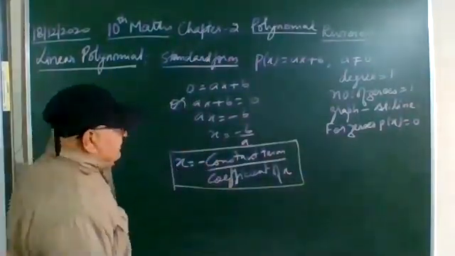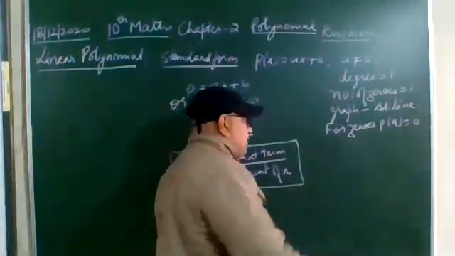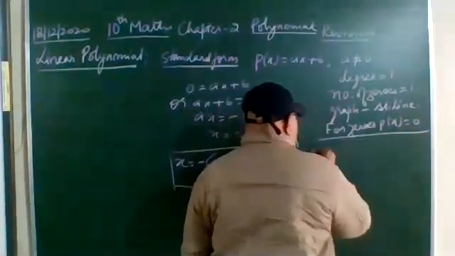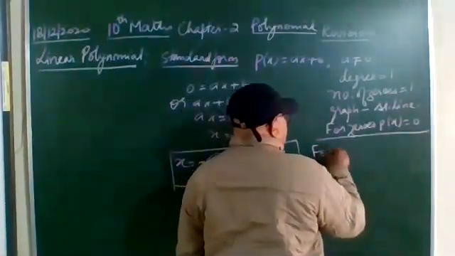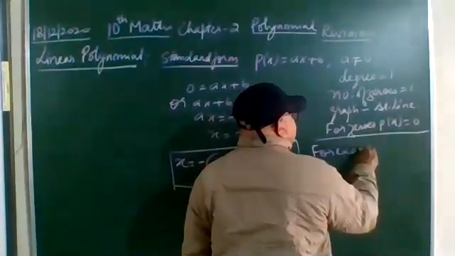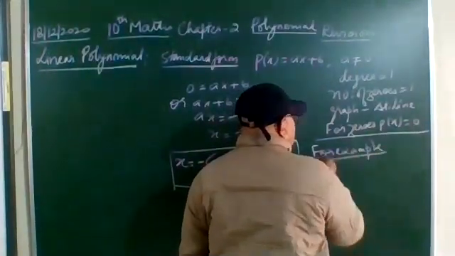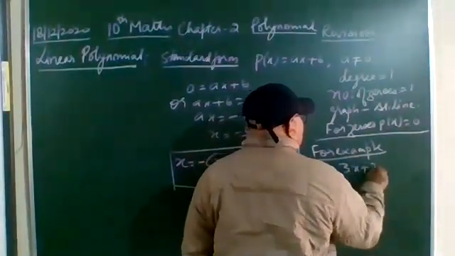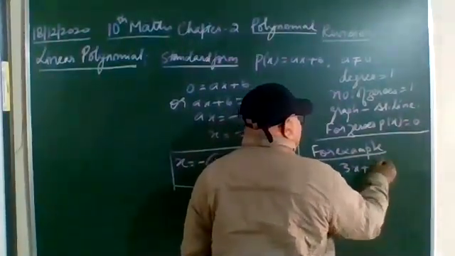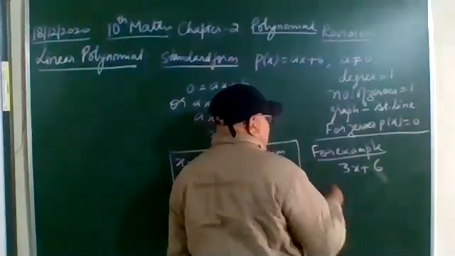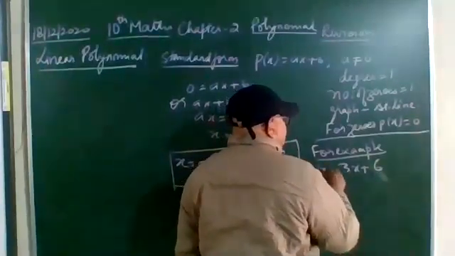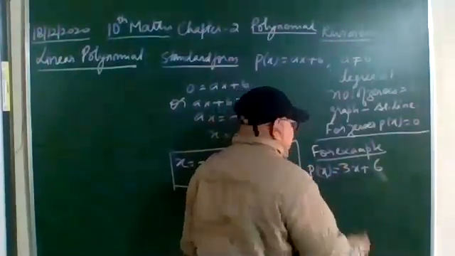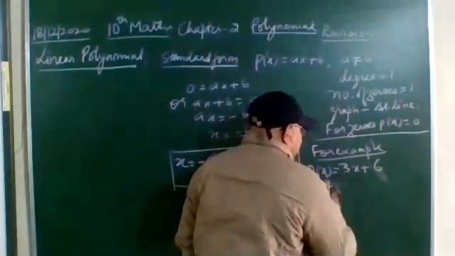Now in the exam, if I take an example, for example 3x + 6, this is the polynomial P(x) = 3x + 6.